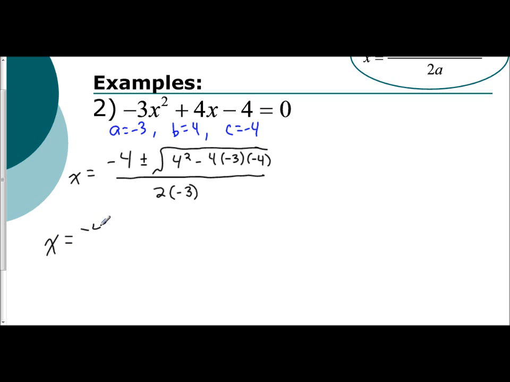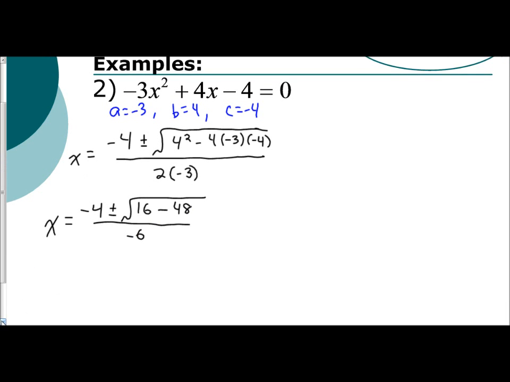So you get negative 4 plus or minus 4 squared is 16. Then I have negative 4 times negative 3 times negative 4. So negative 4 and negative 3 is a positive 12, times negative 4 is a negative 48, over twice negative 3, which is a negative 6.